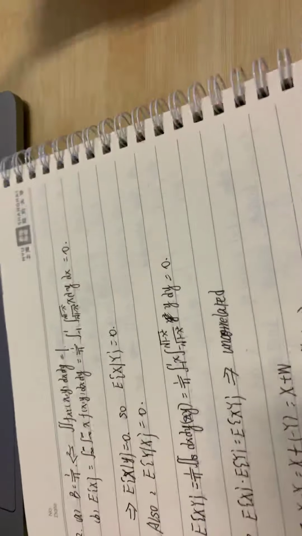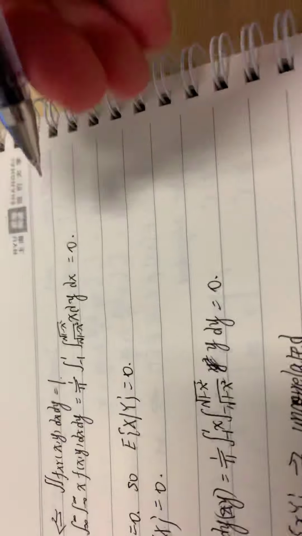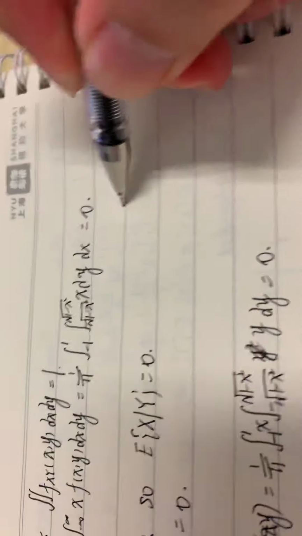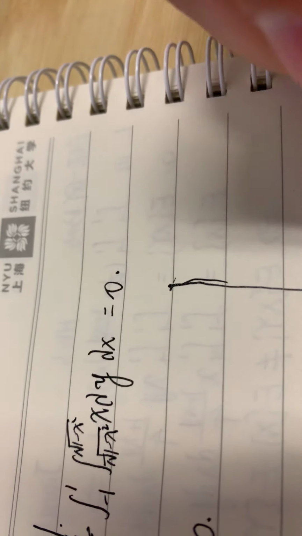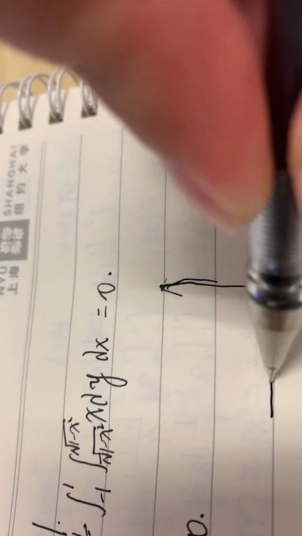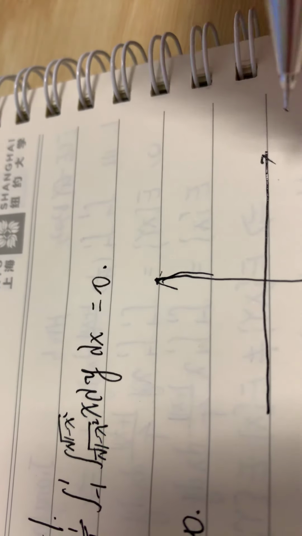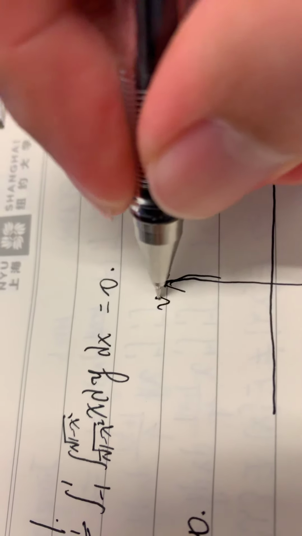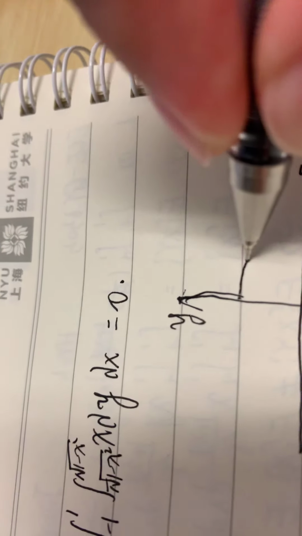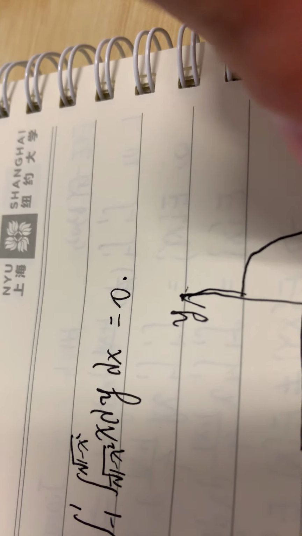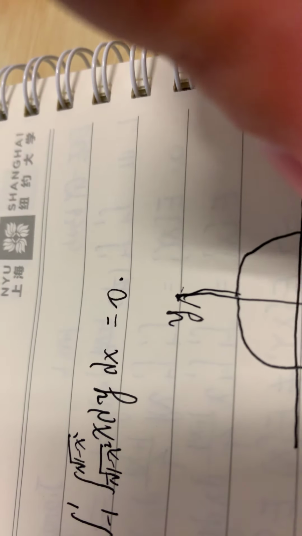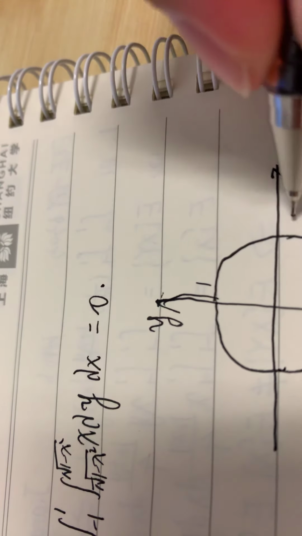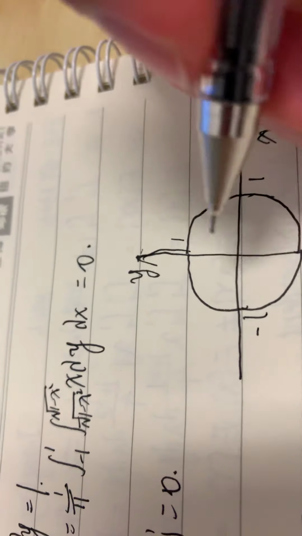Let's draw it. This is x and this is y, and that's the circle x squared plus y squared equals 1, with marks at 1 and minus 1 on each axis.